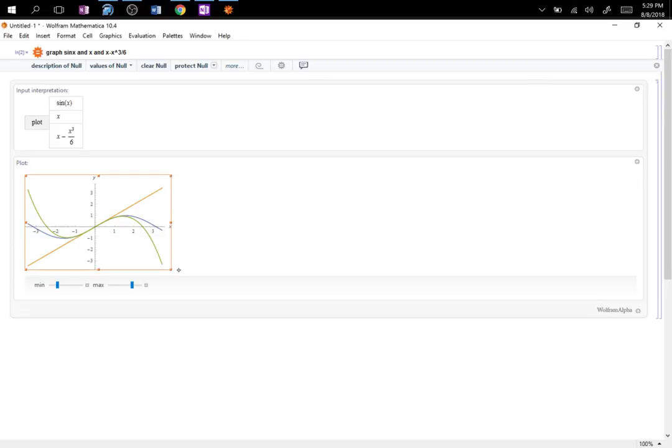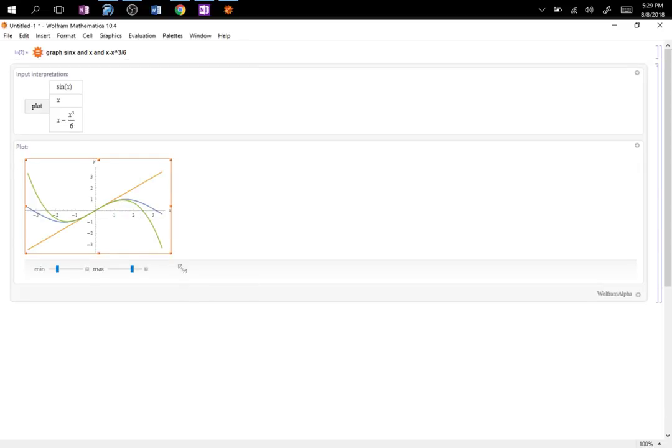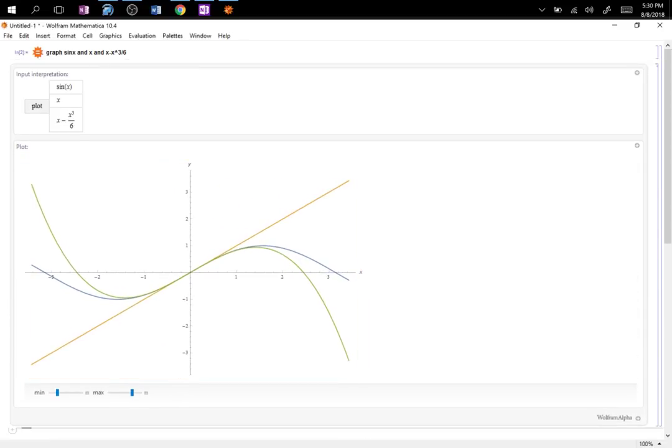And when you consider the graph, you make it larger. You have your blue graph. So blue graph is the sine x. You have your orange graph, which is your x. And then you have your green graph, which is the x cubed graph.